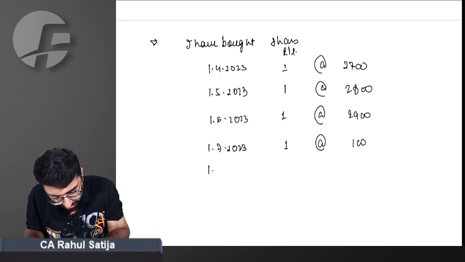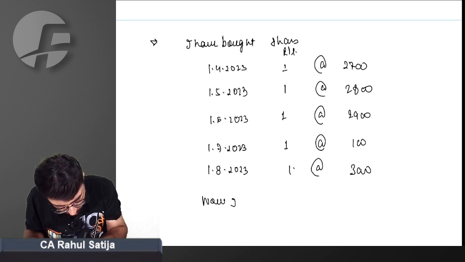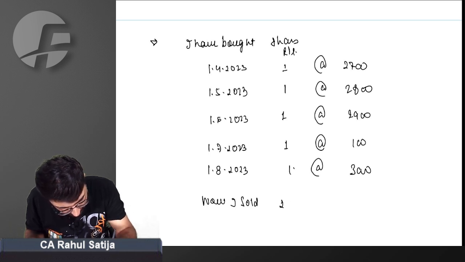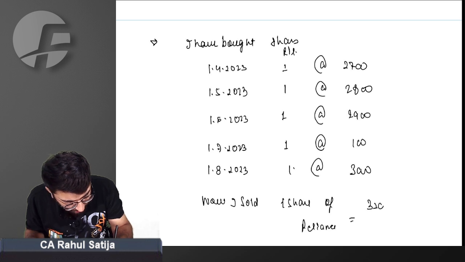On 1st August I again bought Reliance at rupees 3000. Now I sold one share of Reliance. For example, I sold for 3200.